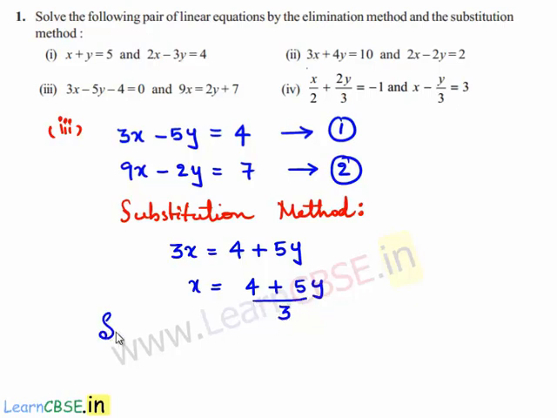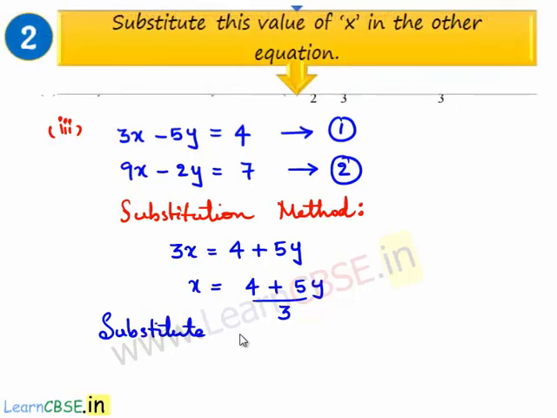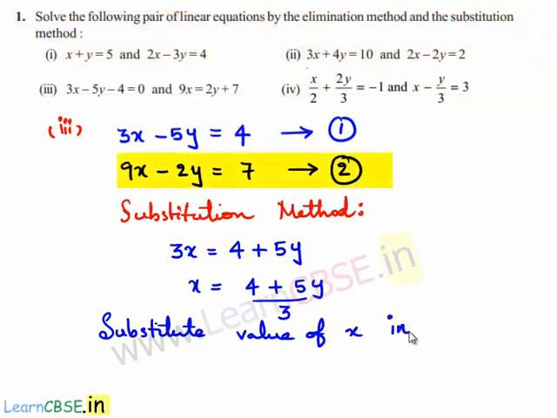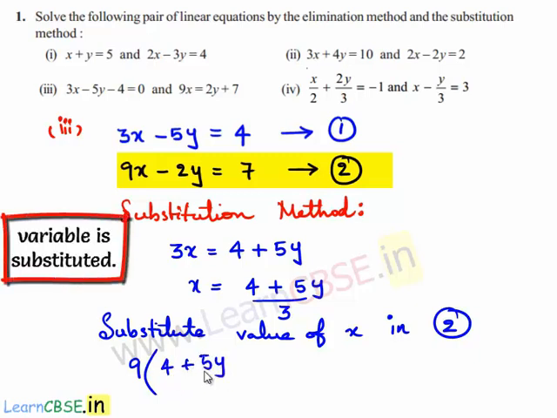Now substitute the value of x, which is 4 plus 5y divided by 3 in equation number 2. We will be getting 9 times of x, which is 4 plus 5y divided by 3, and this is minus 2y, which is equal to 7.